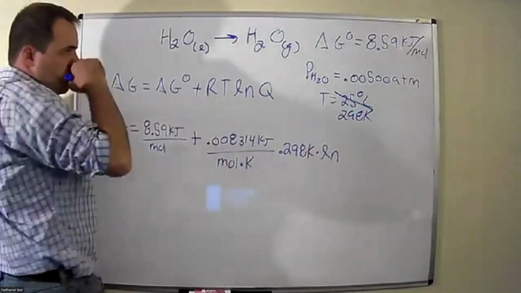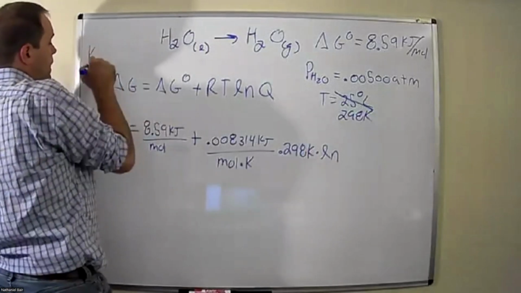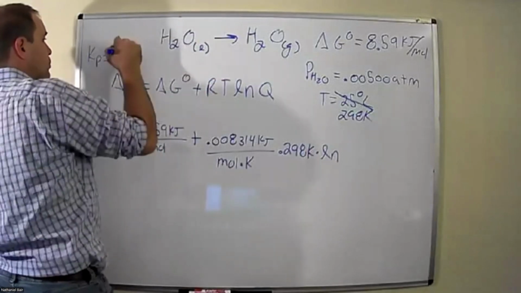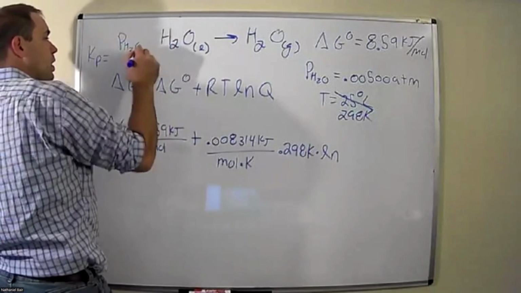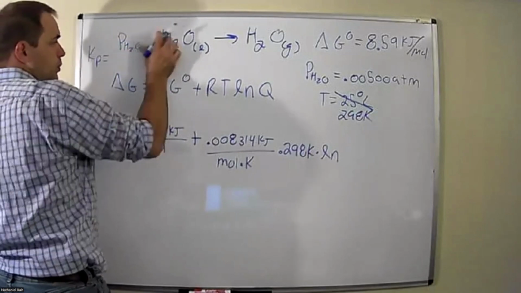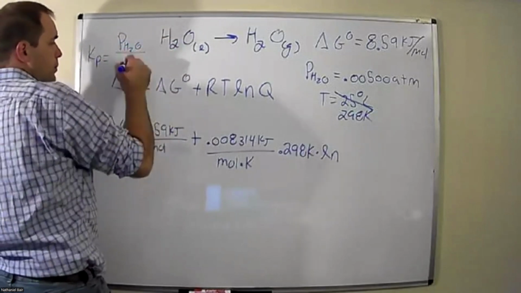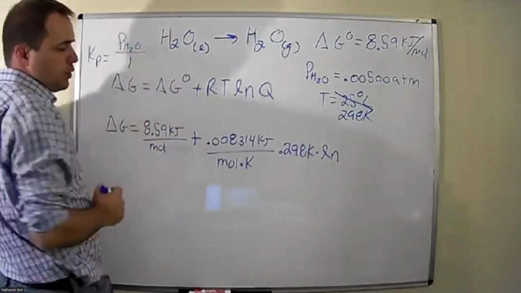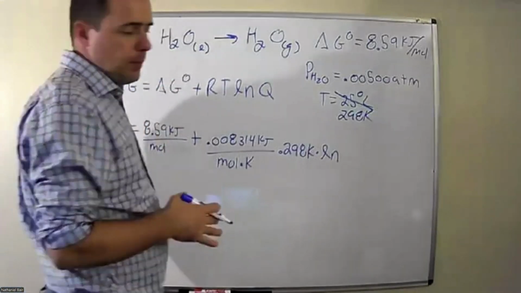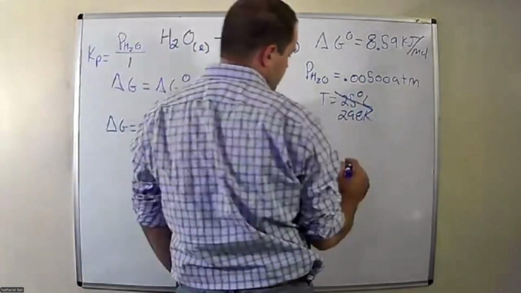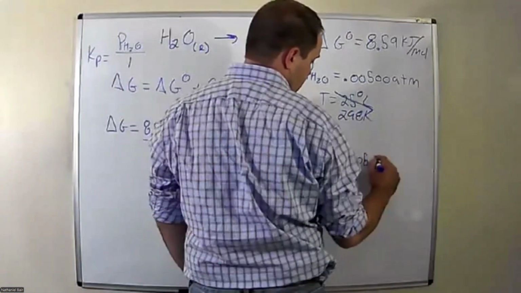So what's the reaction quotient? Well, that's going to be Kp equals the partial pressure of water over, that's a pure liquid, so 1, it's just the partial pressure of water. Now we said the partial pressure of water typically is about 0.00500.